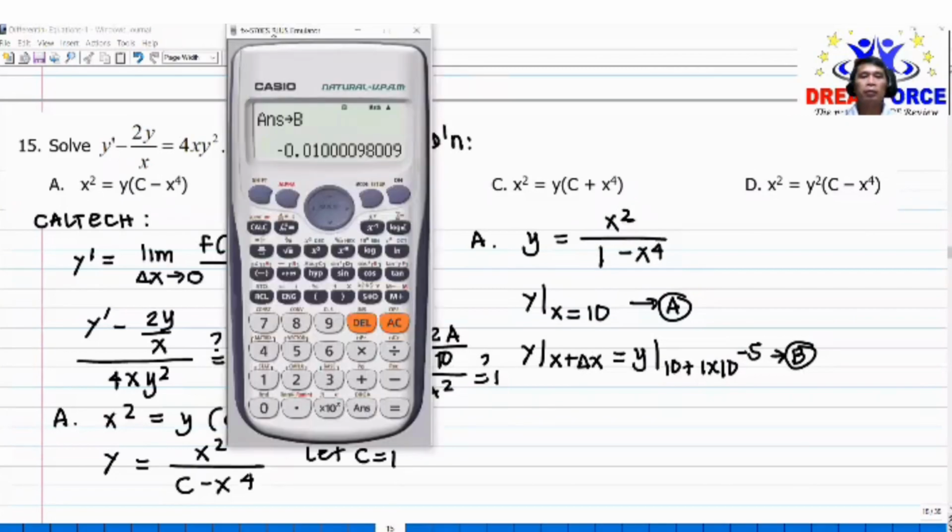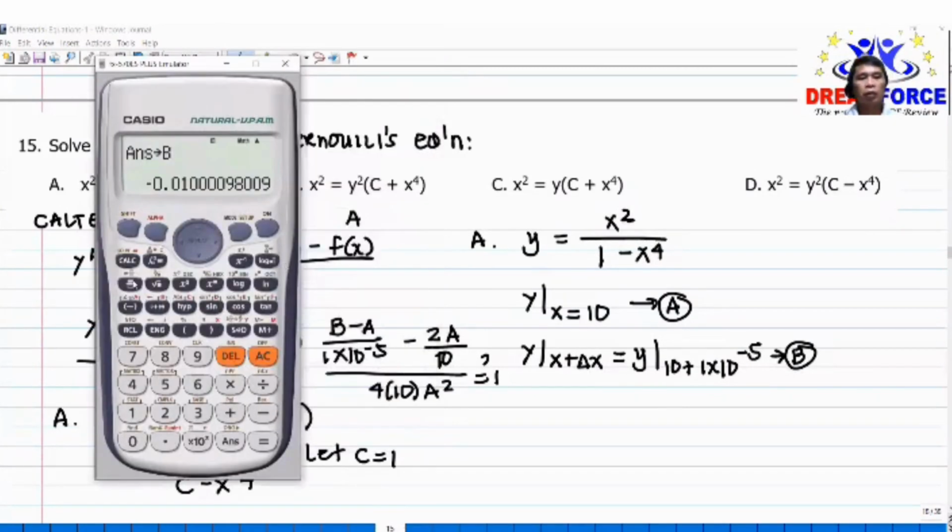Okay. So, ito B. Recall B minus recall A divided by 1 exponent negative 5, minus 2 times recall A divided by 10 divided by 4 times 10 times recall A squared.